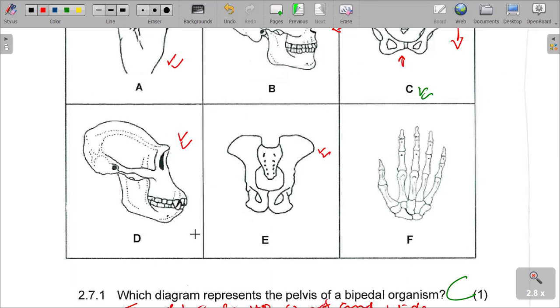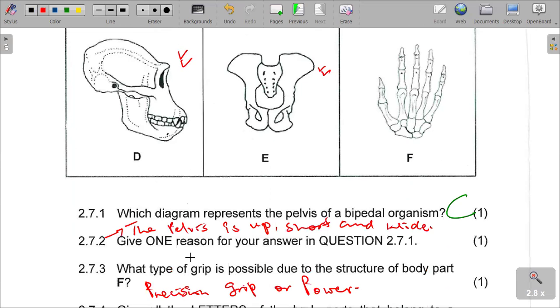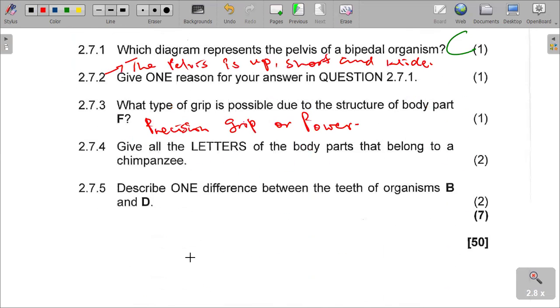So it should be A, D, E. They are the letters that represent the correct answer.